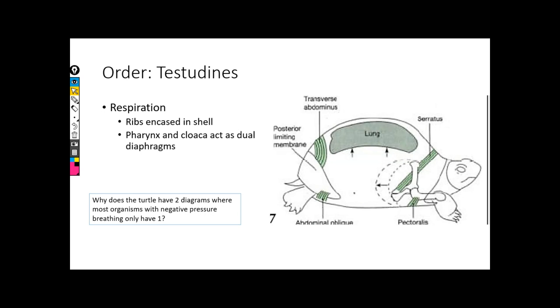So as we think about what we know about turtles, this causes a lot of problems. The way that they get around the fact that their ribs can't move, can't help, and are not going to change size is that they have two separate diaphragms. We have one located at the bottom of the rib cage. They still have that one.